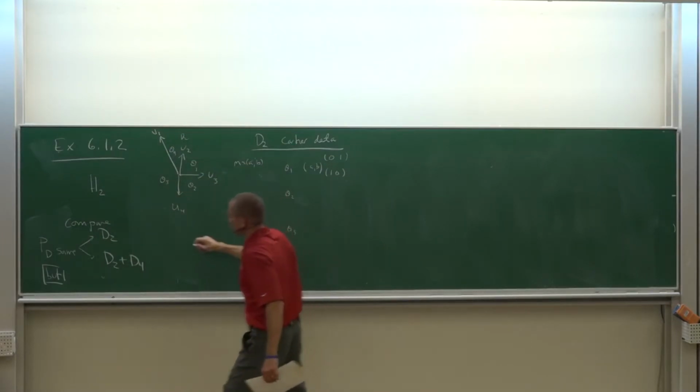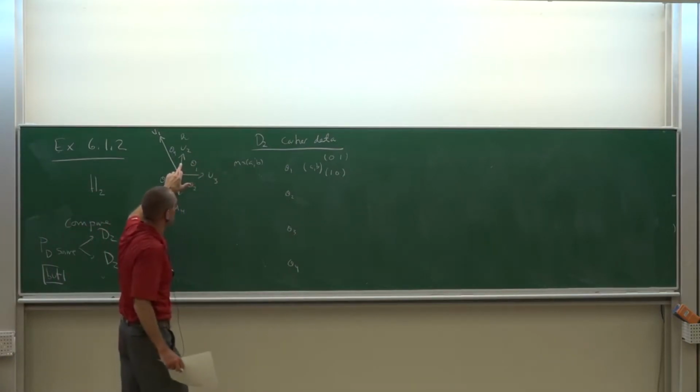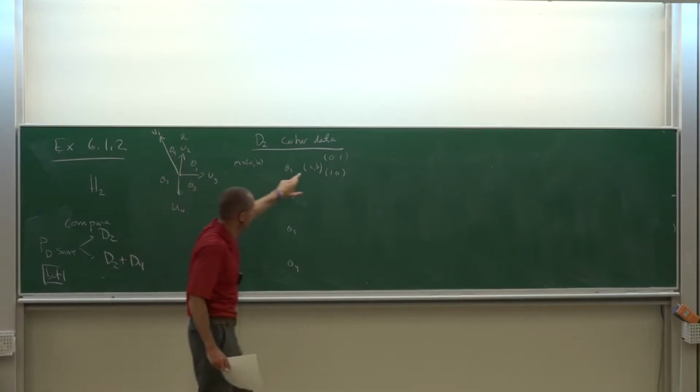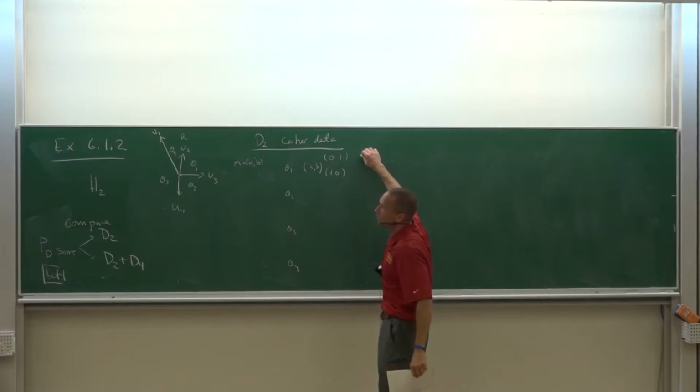Remember that the Cartier data is M dot U_rho greater than or equal to minus a_rho. So I've got a minus a_rho. This is my ray for U2, and a_rho is 1, because D2 has coefficient 1.